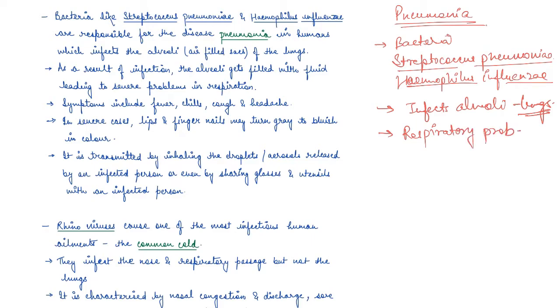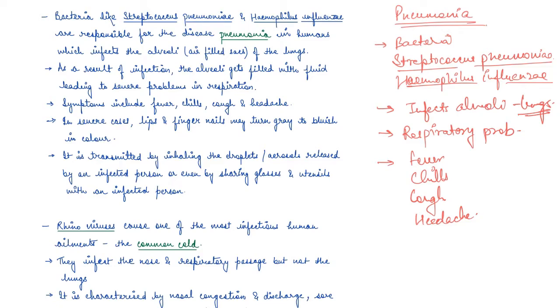Now, symptoms include again fever, you have chills, you have cough, you have headache, right? In severe cases, your fingernails and lips might turn bluish in color because you are not getting oxygen basically.